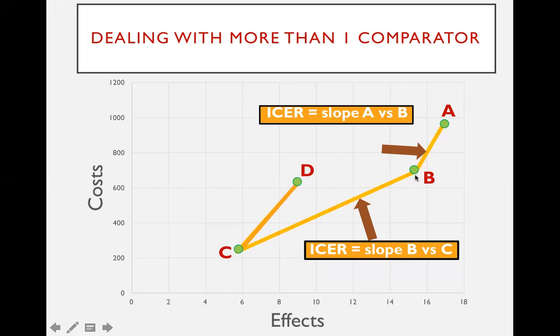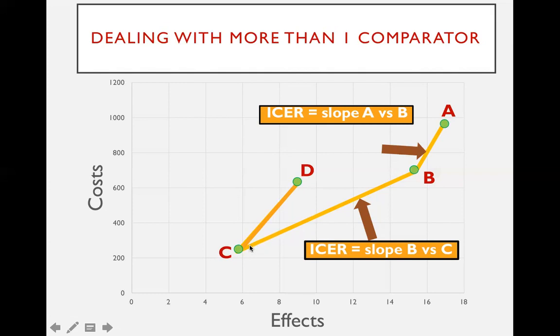So in order for us to determine which is more cost effective, we look at the slope of the line. The least steep slope, the flatter slope, would represent the greatest value for money.